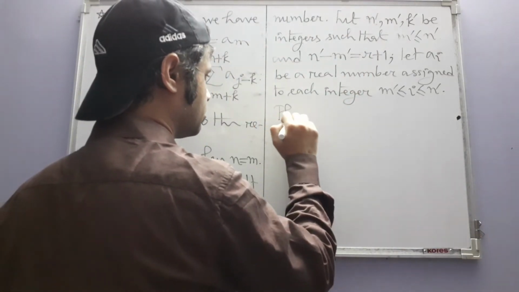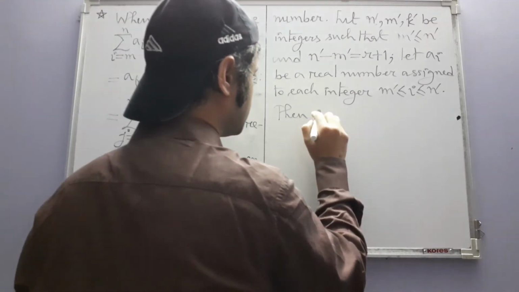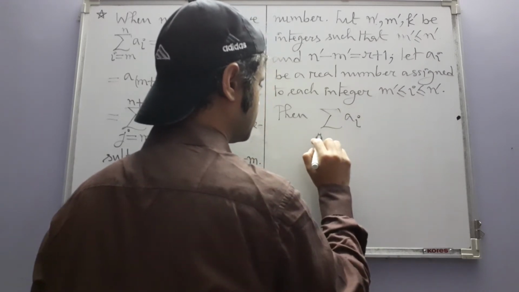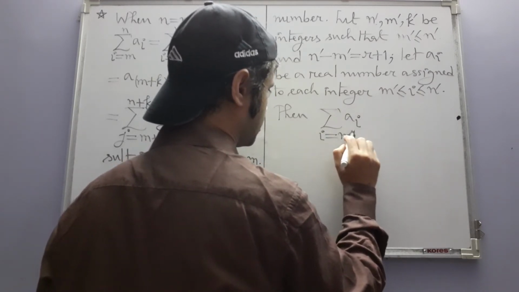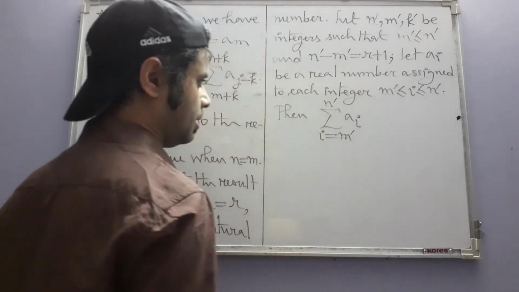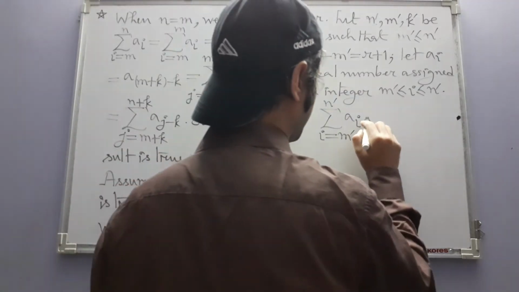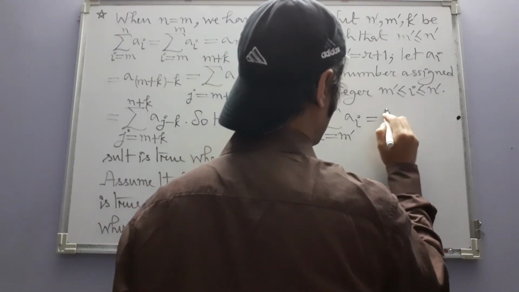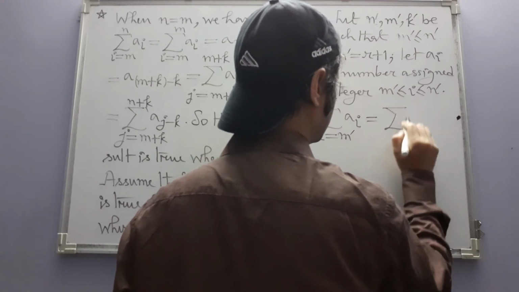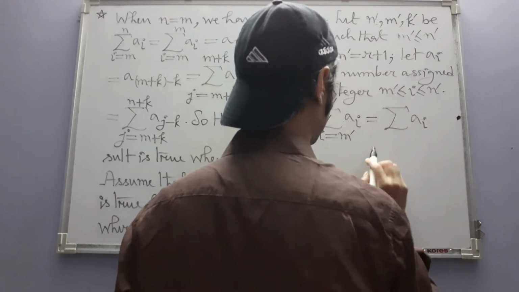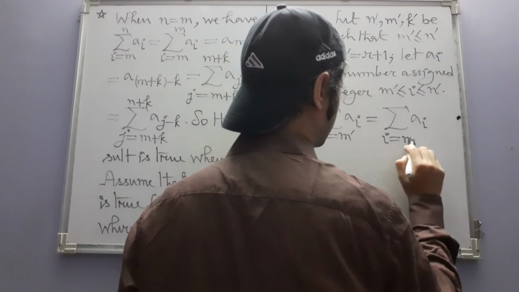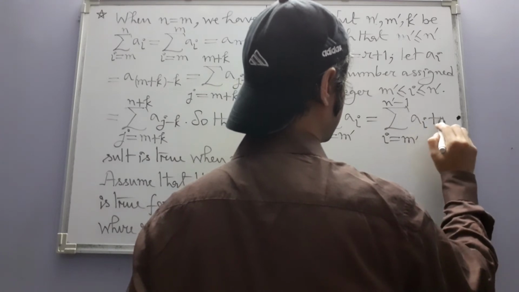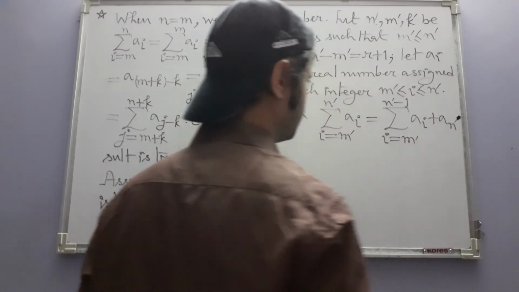Then summation a_i, where i is now varying from m prime to n prime, is equal to, again like before, the sum from m prime to n prime minus 1, plus a_(n prime).